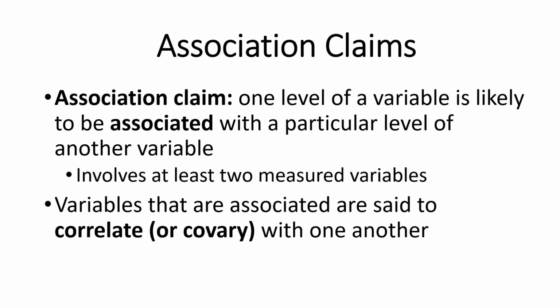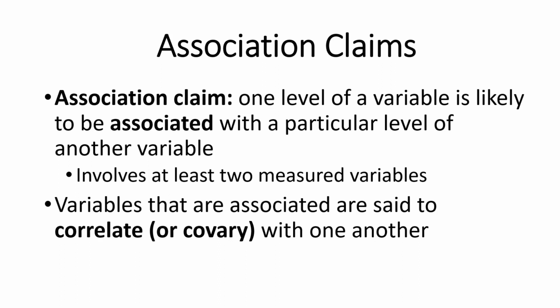For our extra details about association claims, for an association claim, one level of one variable is likely to be associated with a particular level of another variable. And so, of course, we're talking about at least two variables. And again, with association claims, we're looking at measured variables.